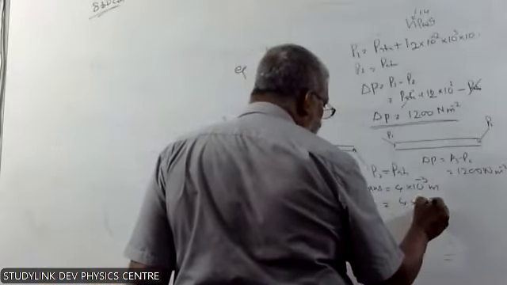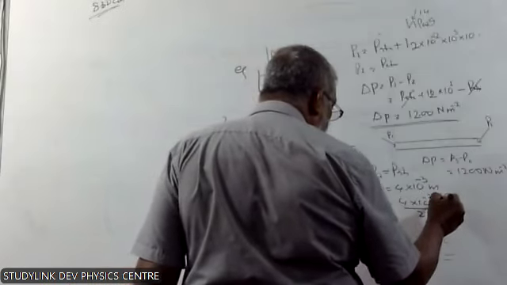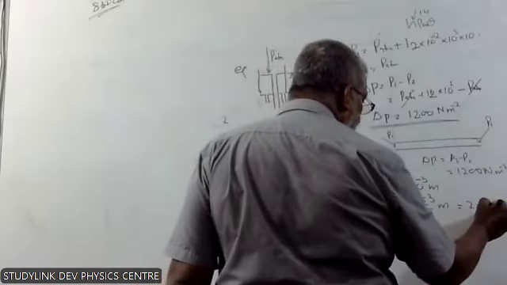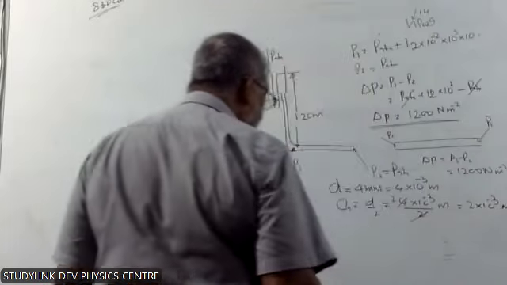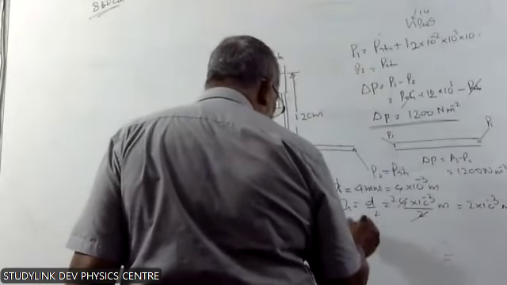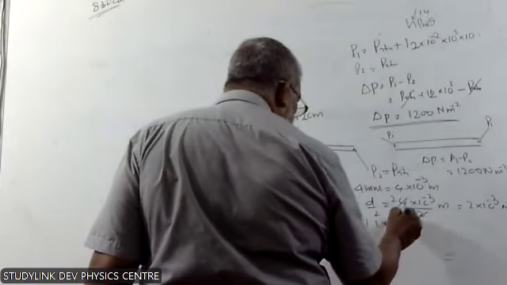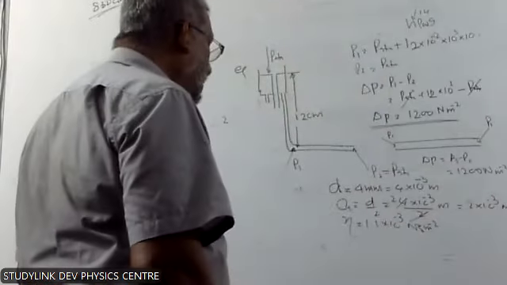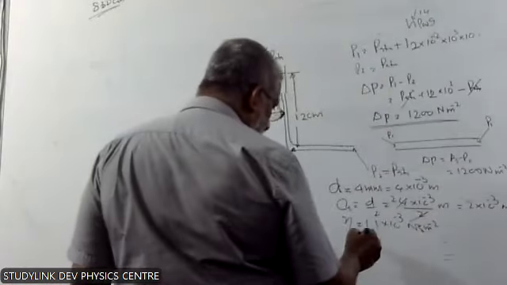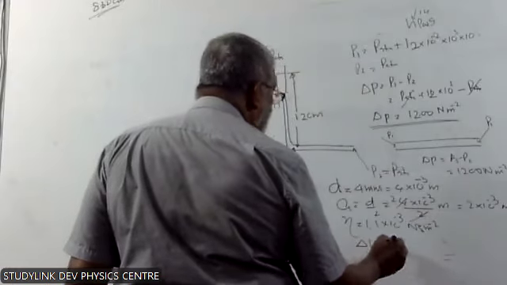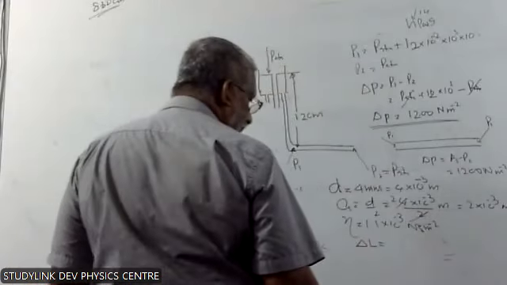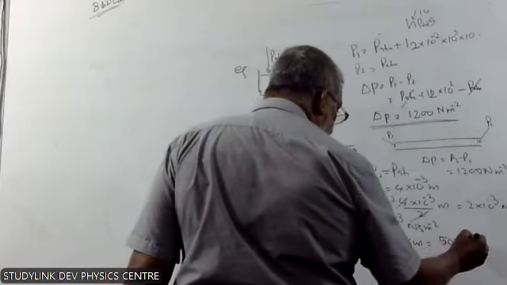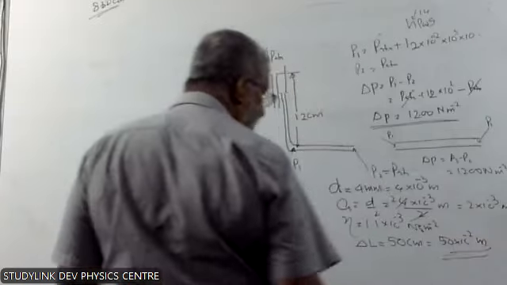Therefore, 4 into 10^-3 divided by 2 meters, that means 2 into 10^-3 meters. Then eta, 1.1 into 10^-3 N s m^-2. Then delta L, the pipe length is given as 50 cm. That is 50 into 10^-2 meters. It should be in meters.